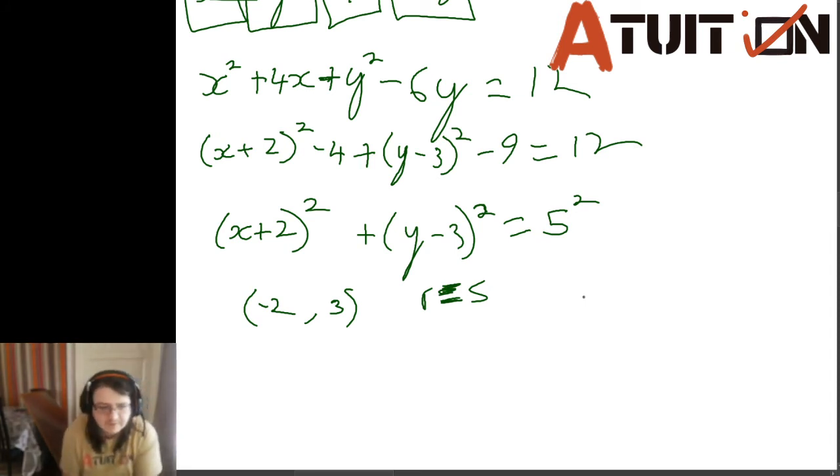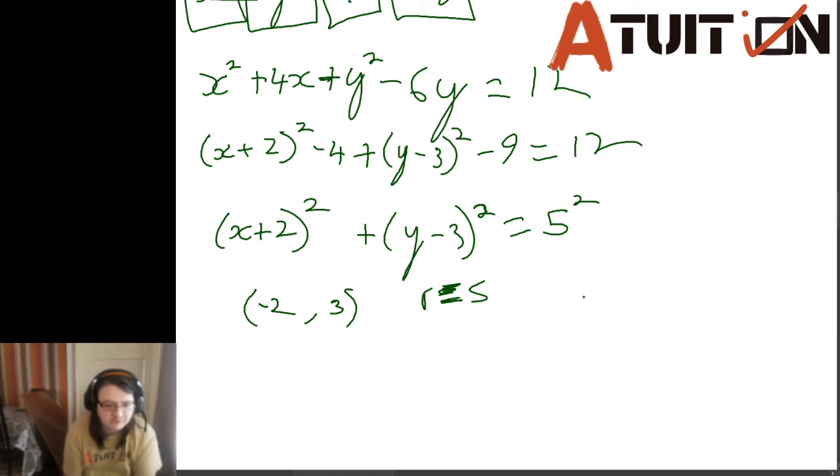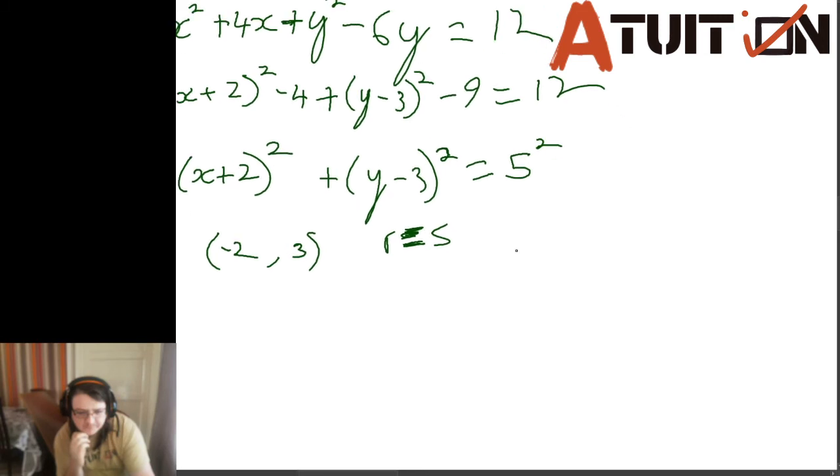Now, to get the intercepts, the x and the y intercepts, we could use the exact equation that we've got. But there is a slightly easier way. Think of a graph.